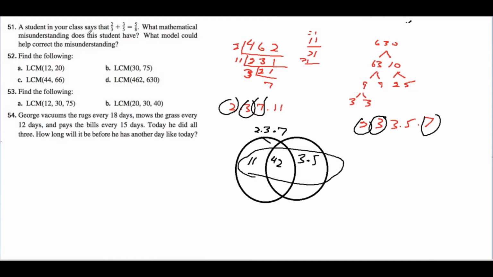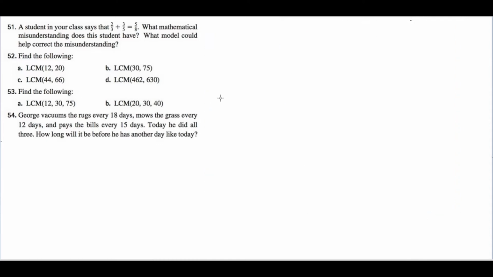Now, when you start looking at 12, 30, and 75, it's the very same process, it just takes longer because you have an extra number in there.